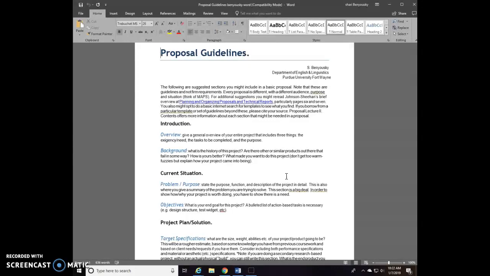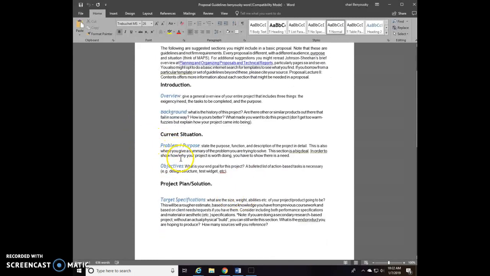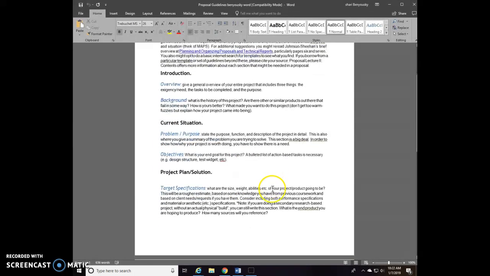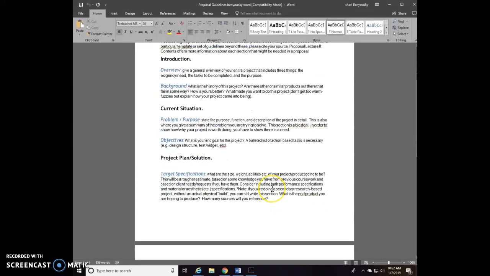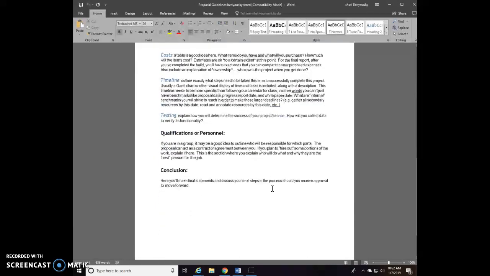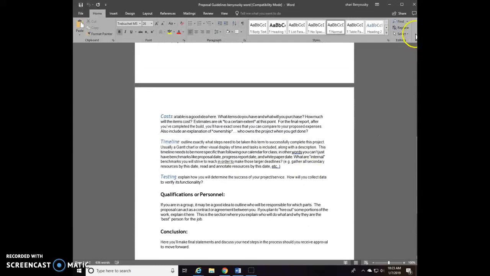What version of the proposal am I working on? Senior design, or am I an English major? What am I doing? You have to take a look at these things and evaluate them to figure out if they work for you. Review these headings for sure. This is basically a condensed version of what you've observed in lecture 2, and it'll be good reminders for you.